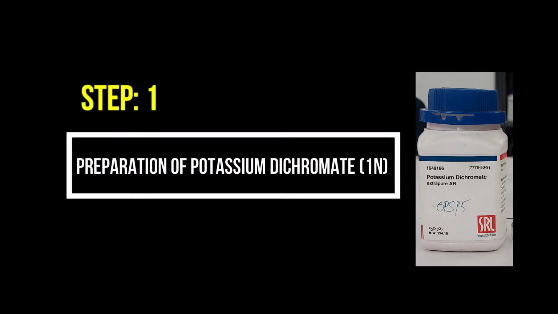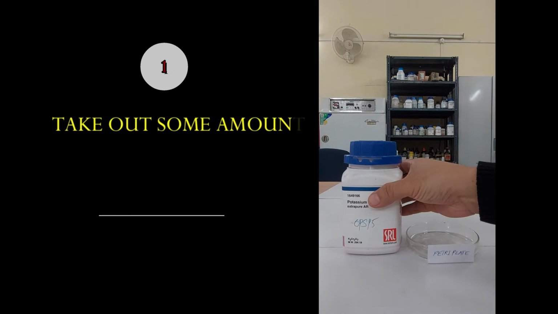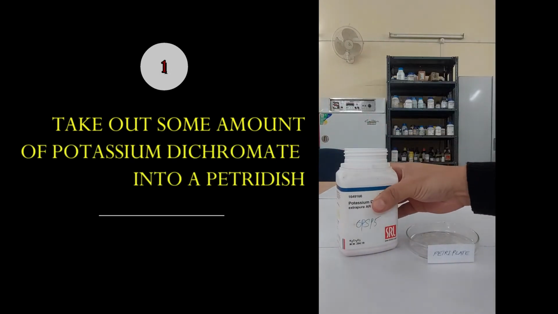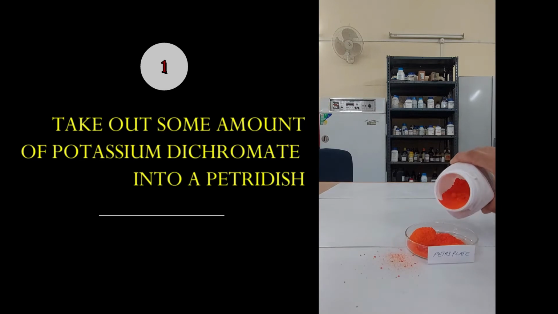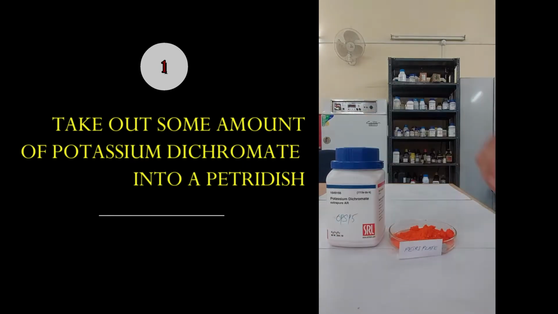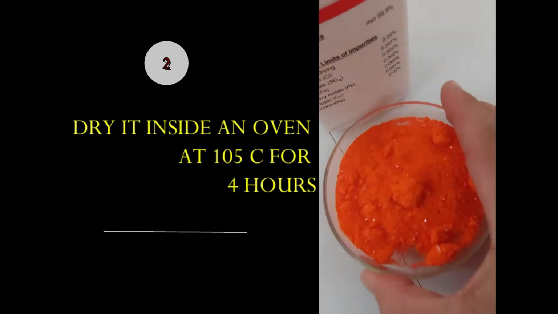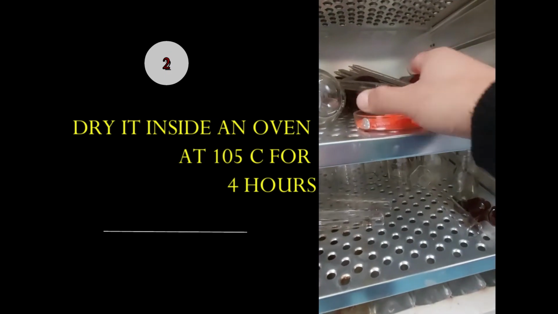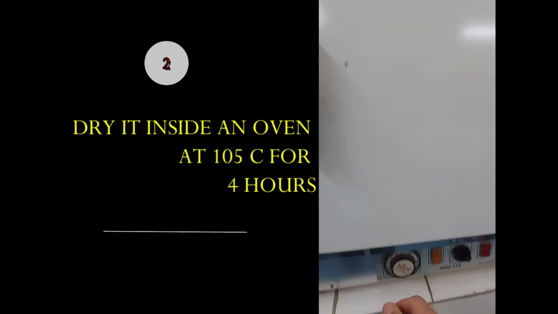So the first reagent we are going to prepare is 1 normal potassium dichromate. To do so, first take out some amount of potassium dichromate into a petri dish. Dry it inside an oven at 105 degrees centigrade for 4 hours.